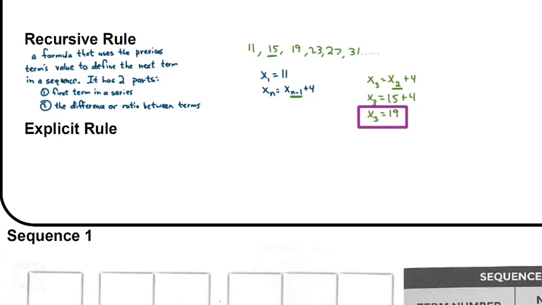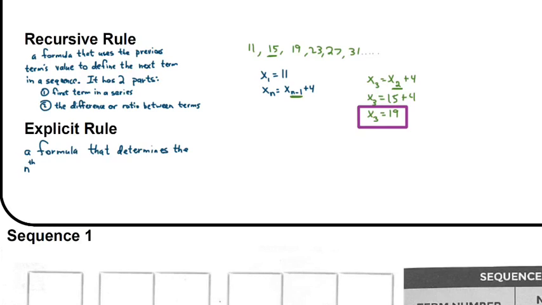But that's just kind of setting the groundwork. An explicit rule. Now, explicit rules you're a little more familiar with. An explicit rule is a formula that determines the nth term, and by nth I mean any term we're looking for, whether it be the first term, the 9th term, the 15th term.